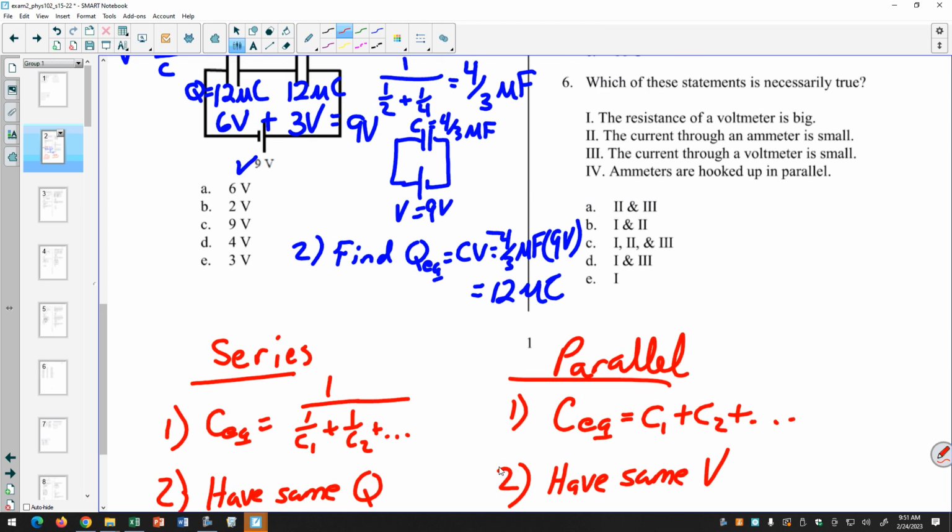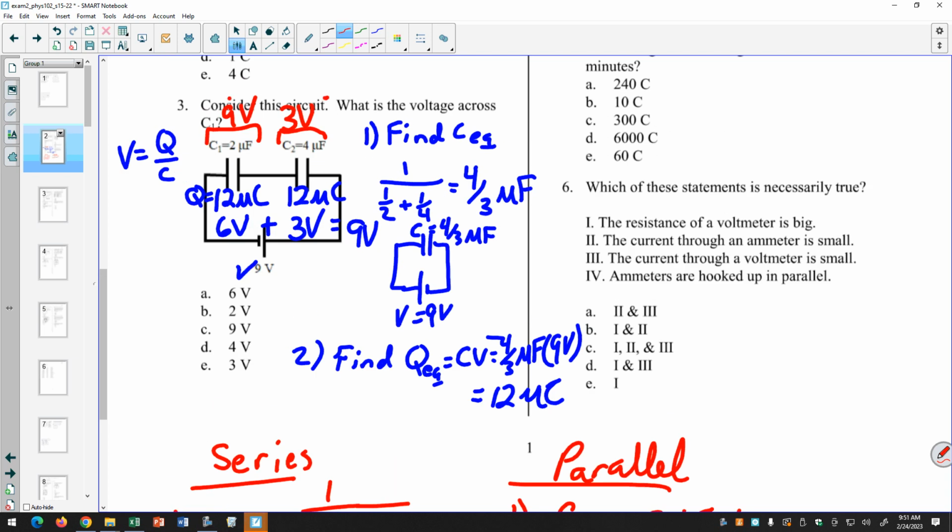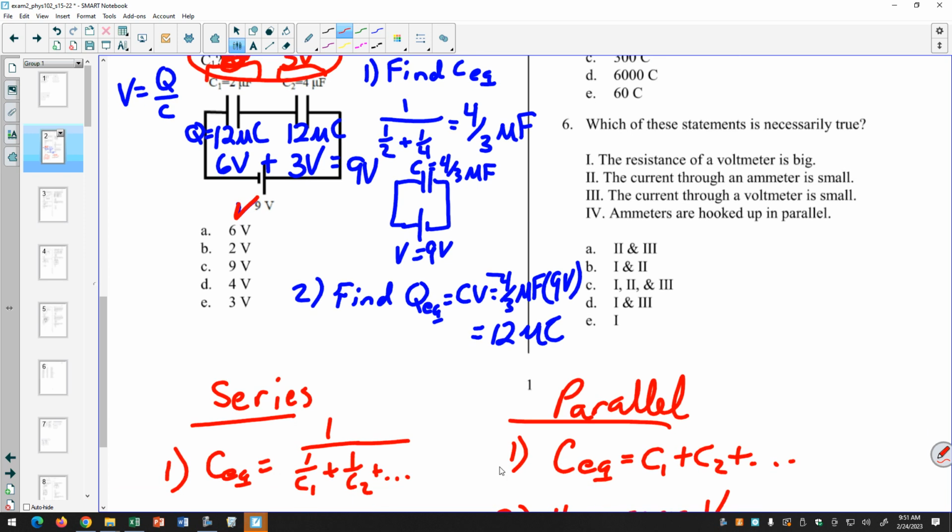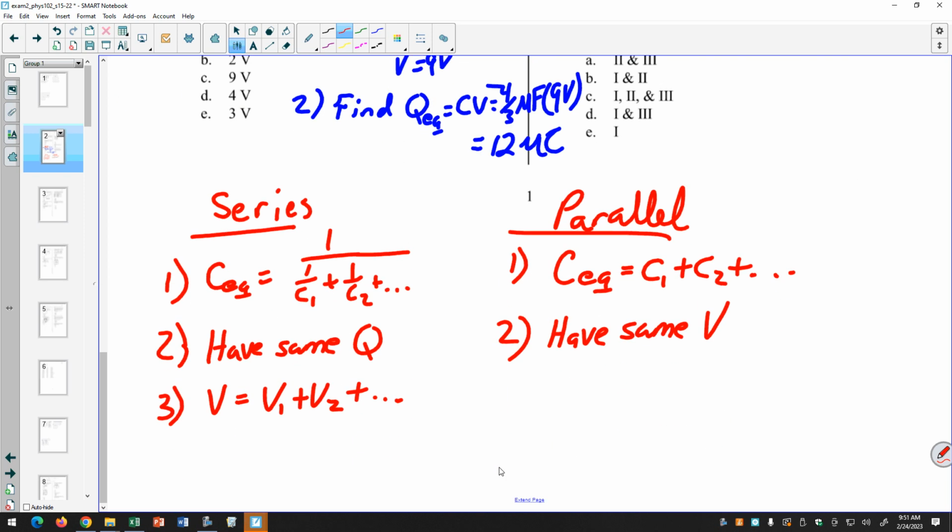That's what we did up here, by the way, when I said that this should be 6 volts, that 6 plus 3 volts is equal to 9 volts, that the sum of the voltages is equal to the total voltage.